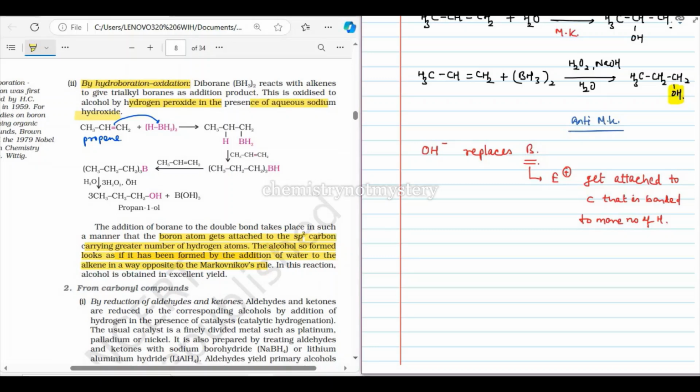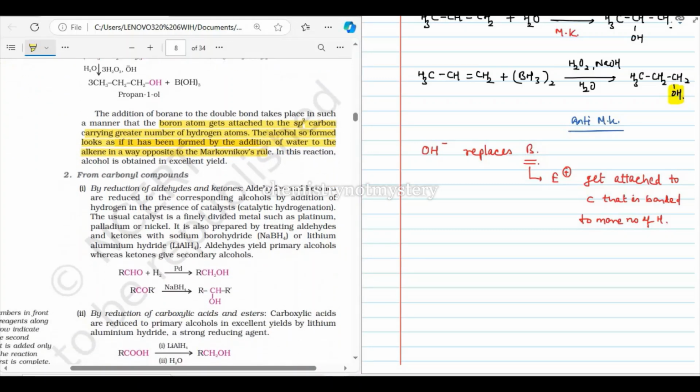Now come to the second method, and let's read from the book. Second method is from carbonyl compounds. And the first method is by the reduction of aldehyde and ketones. Aldehyde and ketones are reduced to the corresponding alcohol by addition of hydrogen in presence of catalyst, catalytic hydrogenation.